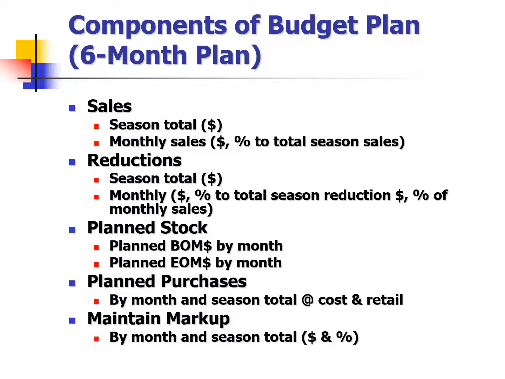The maintained markup is similar to gross margin. As long as there's no cash discount and alteration cost, maintained markup equals the gross margin. For that reason, this is a very important piece of information that we want calculated for the entire 6-month season, so we know eventually how much gross margin we're going to be able to achieve.